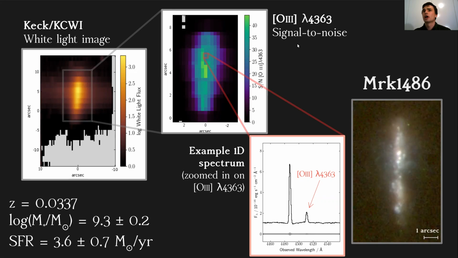So the critical emission line that we're searching for is this OIII-4363 auroral line. And we can see here that with the KCWI data from DUVET, we're able to map this out not just with tenuous detections, but really we're getting booming detections of this auroral line over quite a large spatial extent.